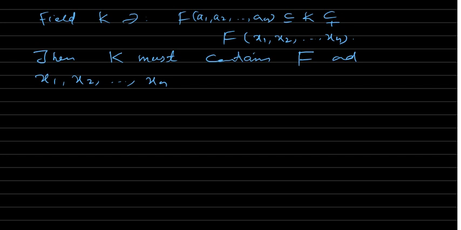But this F(x1, x2, ..., xn) is the smallest field containing x1, x2, ..., xn, because it is the field of quotients of x1, x2, ..., xn.